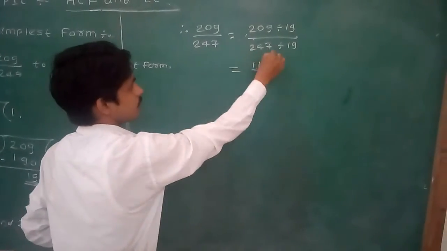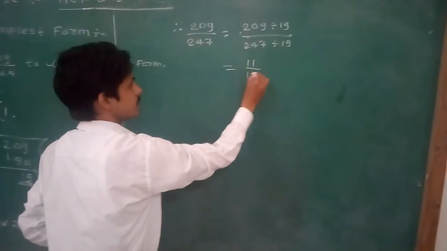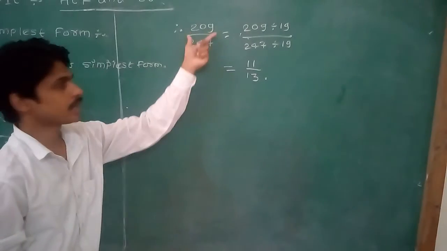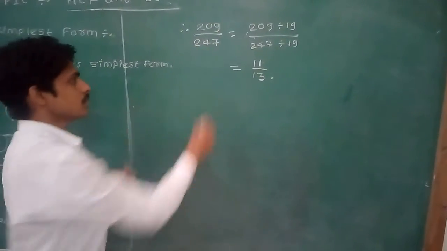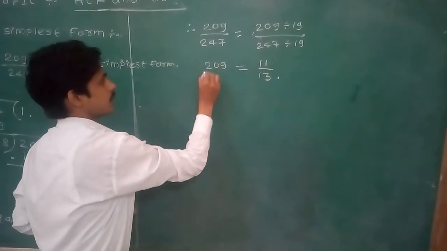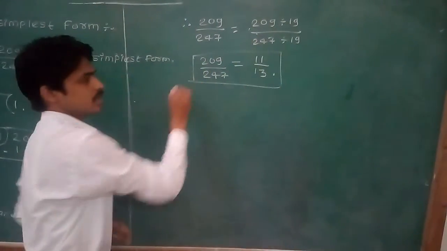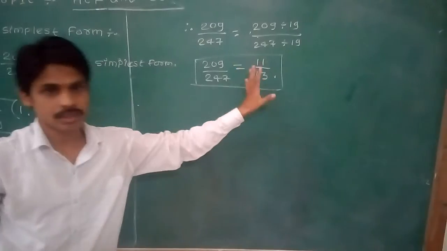And 247 divided by 19, we get 13. This is the simplest form of 209 upon 247. The simplest form is 11 upon 13.